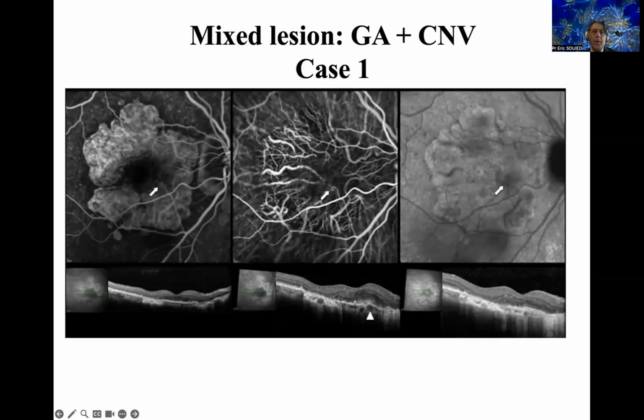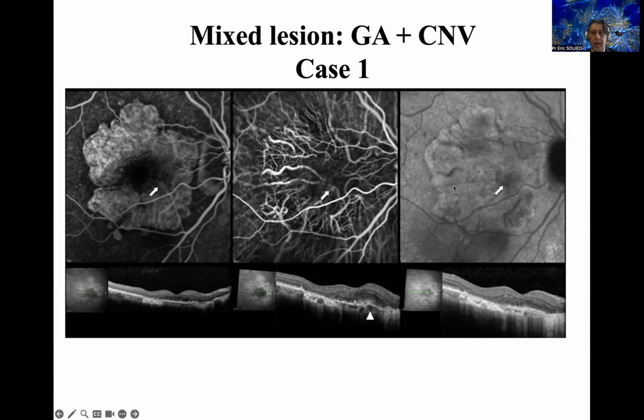Let's talk now about the mixed lesion, GA plus CNV. There are, let's say, 2 ways of evidencing both GA and CNV. On SD-OCT, you can guess some RPE and some exudative features sometimes.